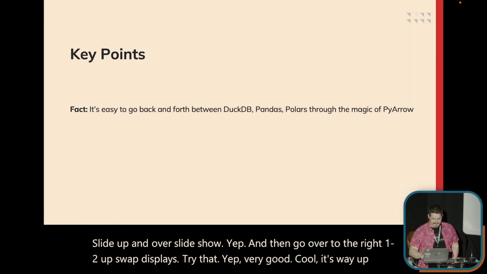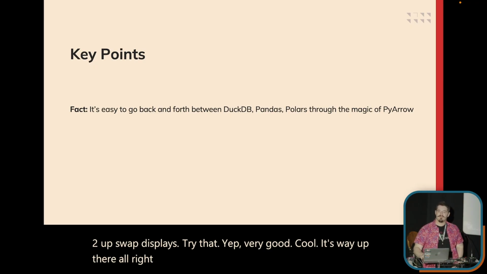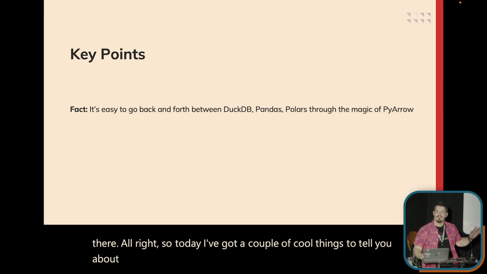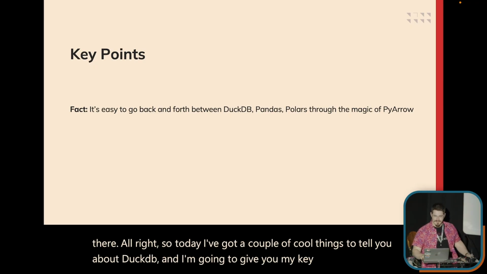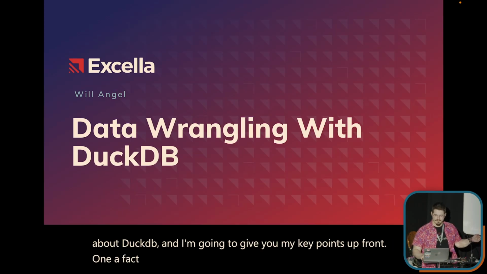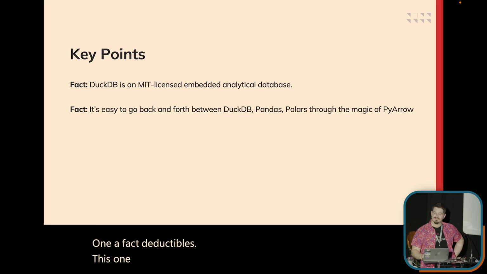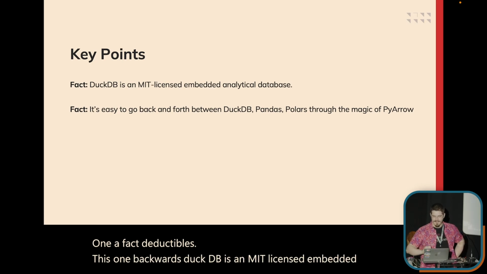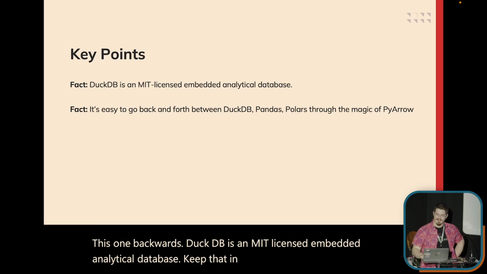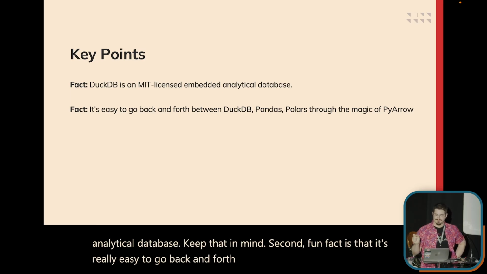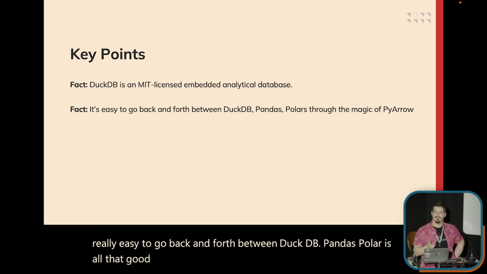All right. So today I've got a couple of cool things to tell you about DuckDB, and I'm going to give you my key points up front. One, a fact: DuckDB is an MIT licensed embedded analytical database. Keep that in mind. Second fun fact is that it's really easy to go back and forth between DuckDB, Pandas, Polars, all that good stuff through the magic of Arrow, which you just heard about, a lot of the details that make that possible.